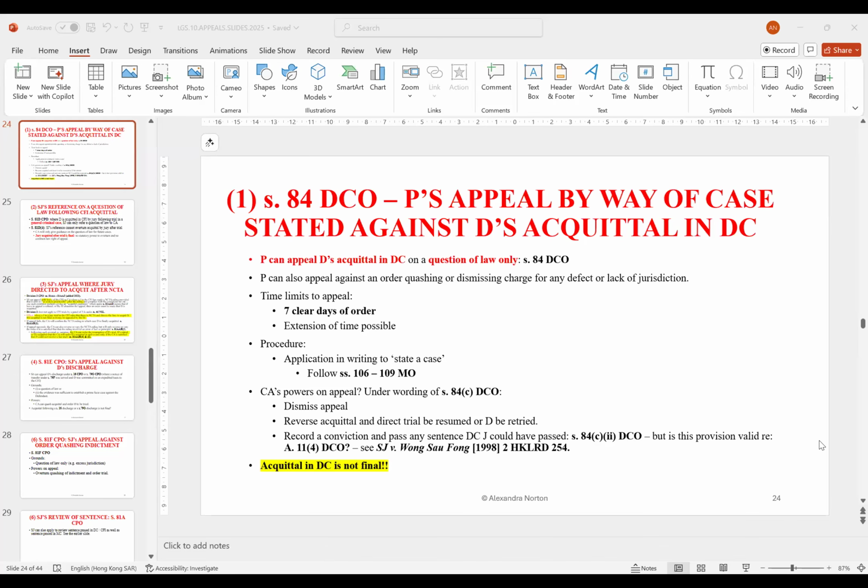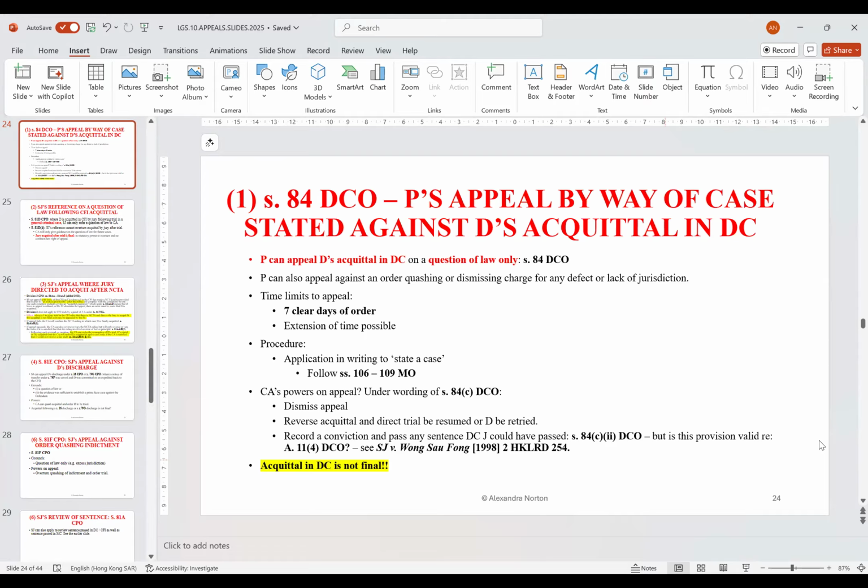So if we go back to our slides, this case of SJ and Wong Sao Fong, this is a great example of the statutory provision being reinterpreted by the court. And the court said that that power to convict an acquitted defendant is actually unconstitutional. Because remember, in Article 11 of the Bill of Rights, a defendant who's convicted has the right to an appeal.